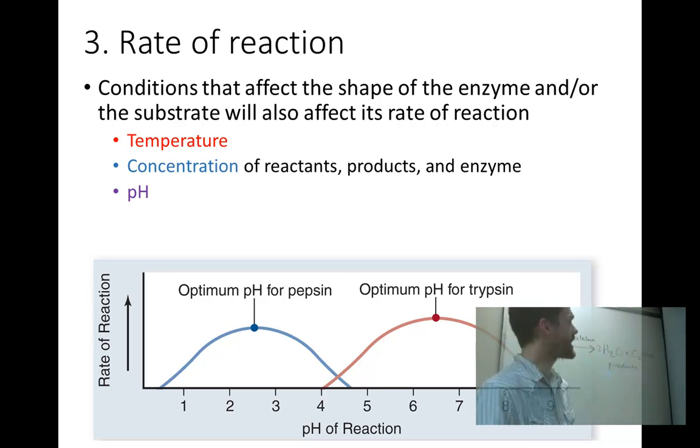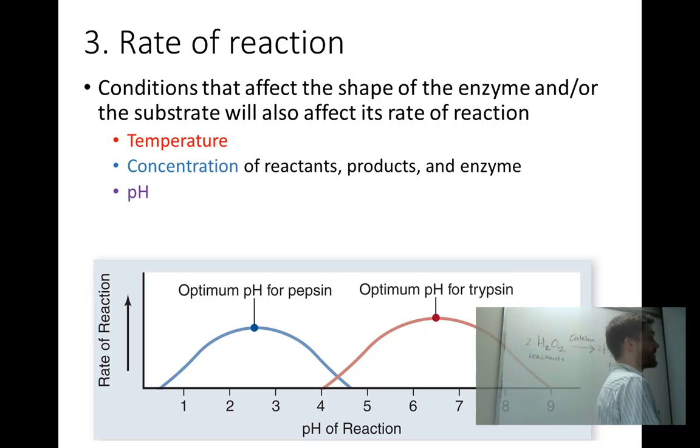There is usually a spectrum of pH or temperatures or concentrations by which a reaction will take place. And then there's usually an optimum, where more of the reaction will take place at this pH of 2.5 than there will at this pH of 4. In this example, we have pepsin, which is found in your stomach.